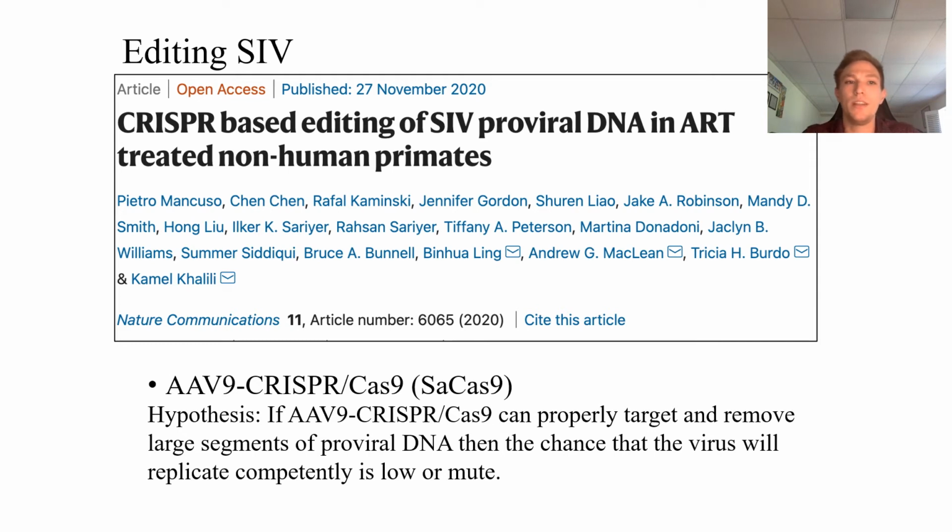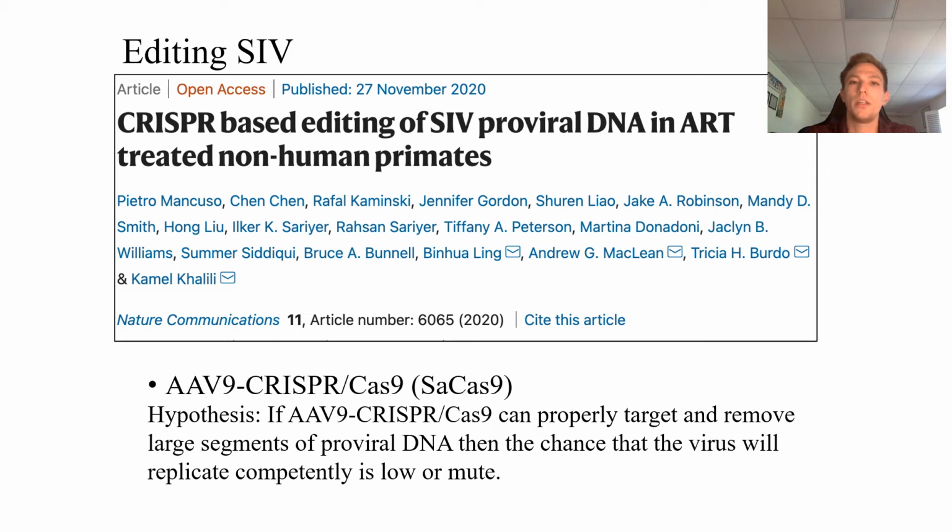in which they seek to edit SIV. The simian immunodeficiency virus is going to be used as a model to better treat HIV in the future. So in 2020, in a publication of Nature, after 5 years of research, they came to a method of using CRISPR-based editing of SIV proviral DNA in ART-treated non-human primates.